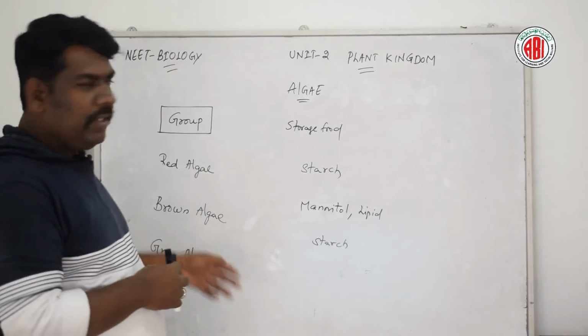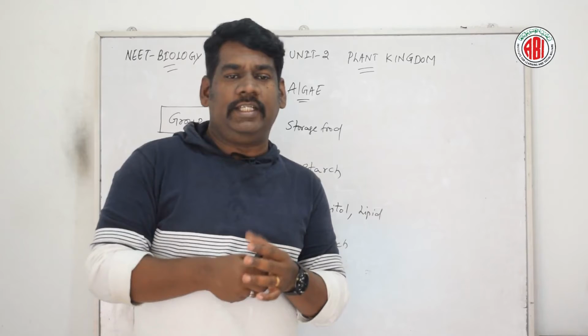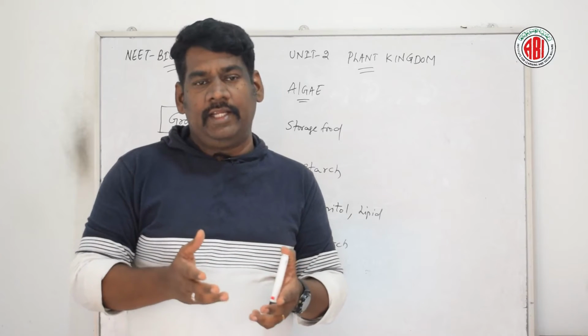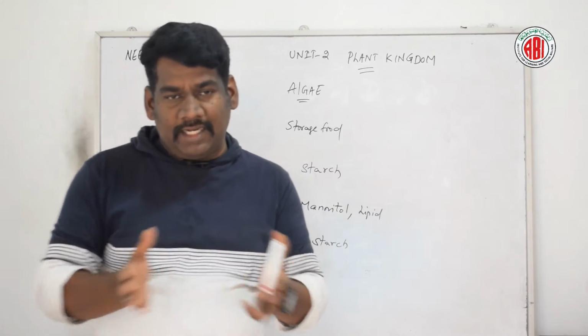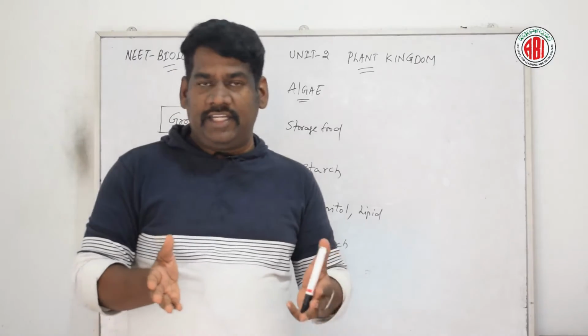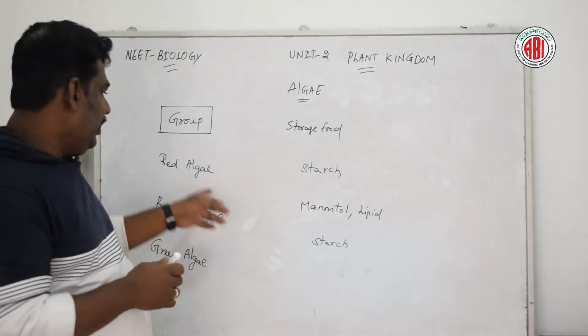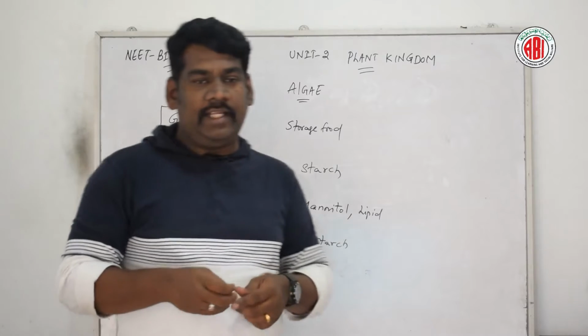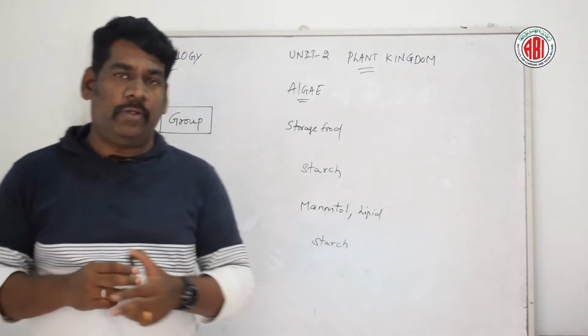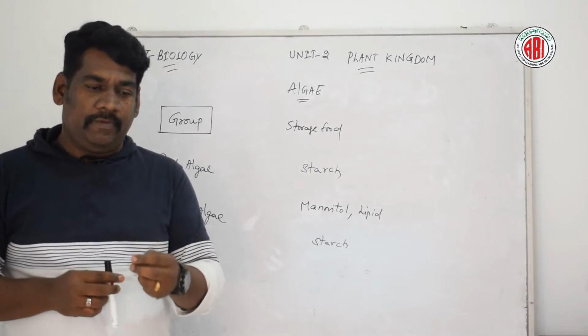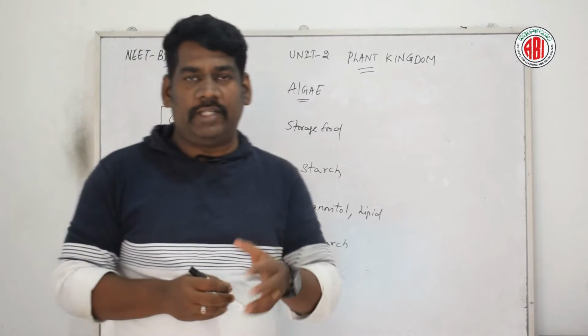Similarly, in brown algae we can see two unequal flagella on the lateral sides of the organism from the cell wall. And in red algae, flagellation usually cannot be seen; the formation of flagella is totally absent.